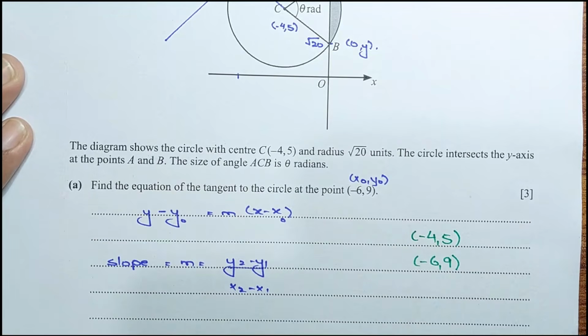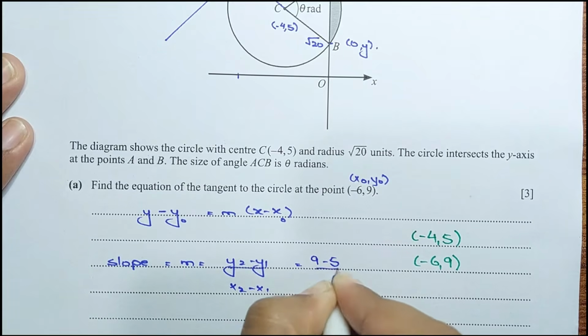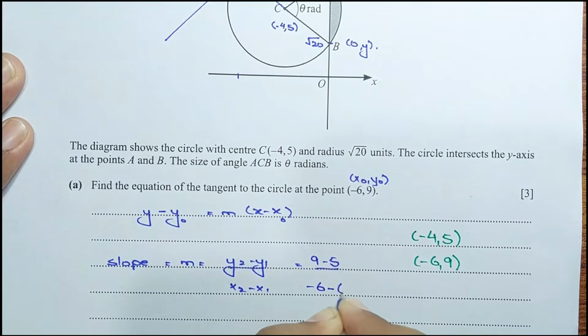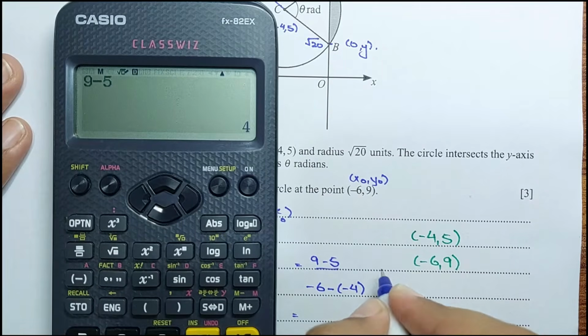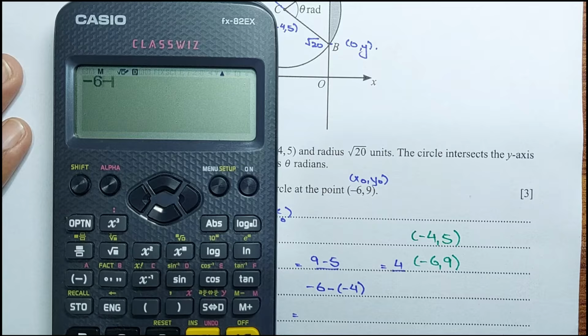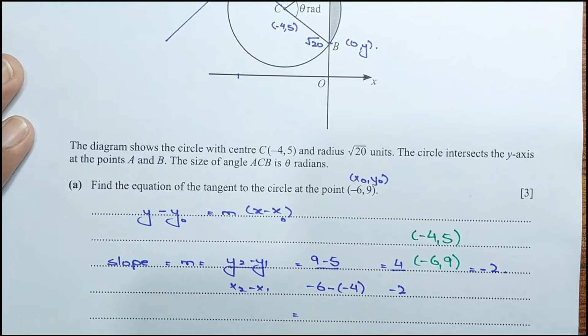So y2 minus y1 is 9 minus 5 over x2 minus x1, which is -6 minus -4. 9 minus 5 is 4 over -6 plus 4, which is -2, and 4 divided by -2 is -2, so the gradient is -2.